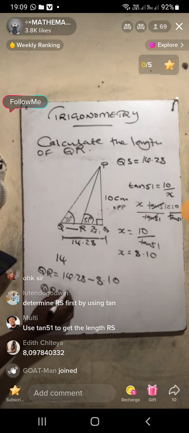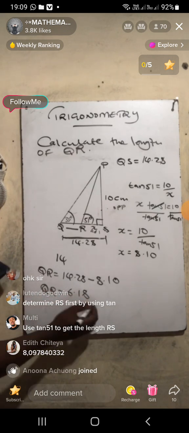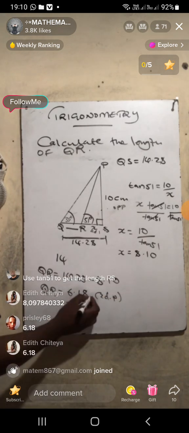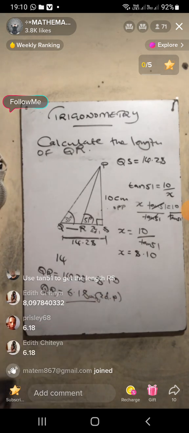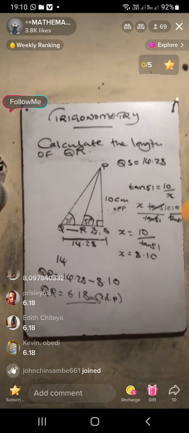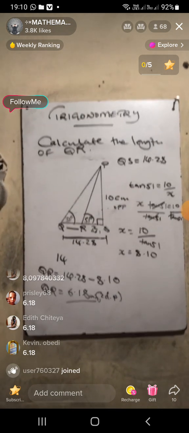QR is equal to 6.18, correct to 2 dp. Don't forget the units because we are talking about a side. This is how you find such. That's how you go about that. Are we okay with that, my good friends?